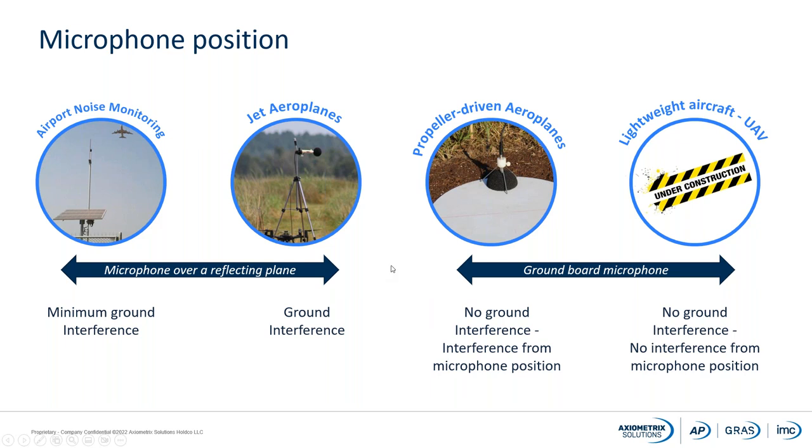In order to get around that, the next standard talks about an upside-down configuration where you have the microphone on top of a known surface or a plate, and that does not give any ground interference, but there will be some other disadvantages in this configuration. And then, of course, this lightweight or UAV standard is going to be something different, because the three existing ways of doing it are not very practical or useful for UAVs.